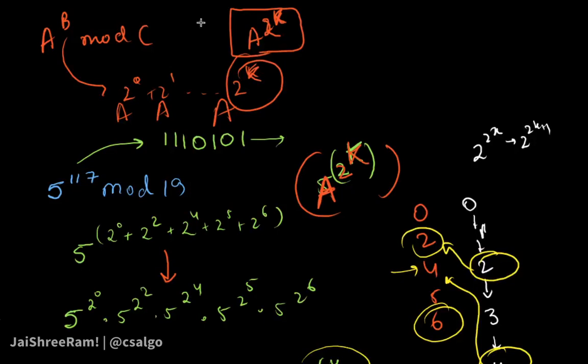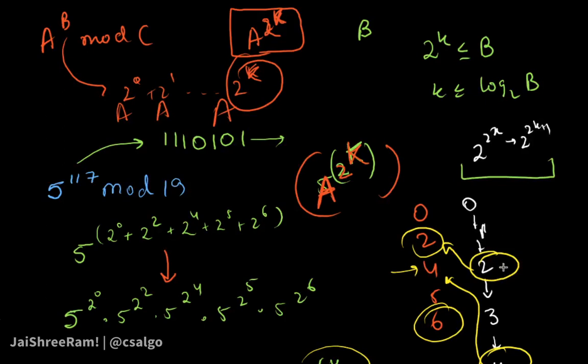Now if the value is b, what is the maximum k it can take? So 2 to the power k is less than or equal to b, right? So k is less than or equal to log base 2 of b, right? So you will only need to go up to a k value which is log of b, okay? And in every step your k is increasing by 1, because in every step of this squaring, if we square a number of the form a to the power 2 to the power x, it goes to a to the power 2 to the power x plus 1.